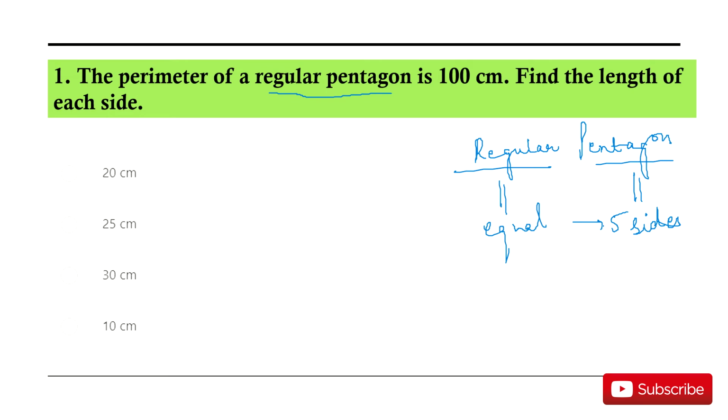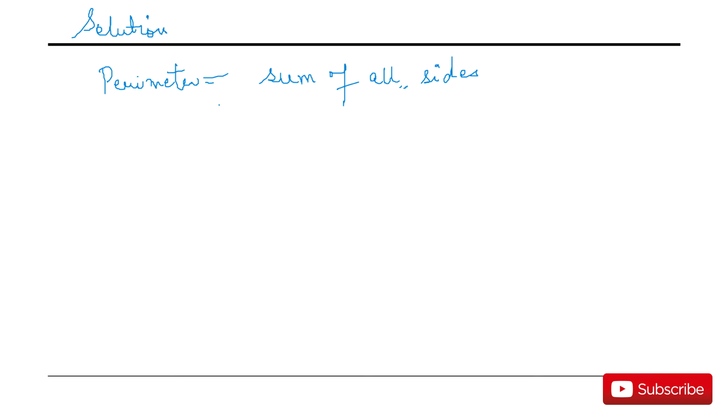Let me see how we can solve this. So here I will be doing the solution. As you all know, perimeter is equal to the sum of all the sides, right? But here we have been given a regular pentagon, so we can also say 5 into the side.